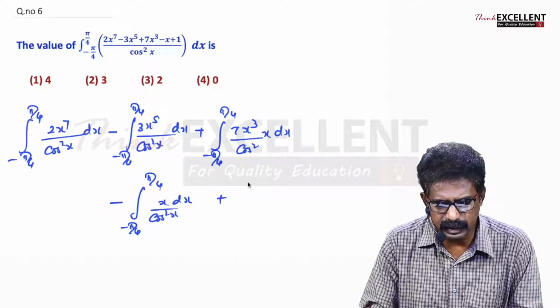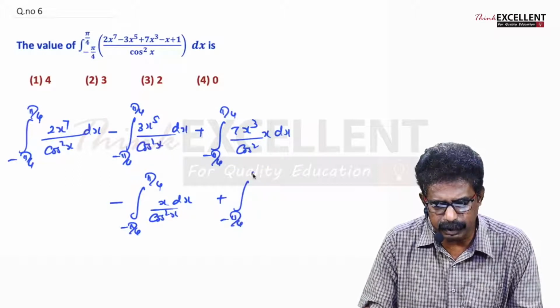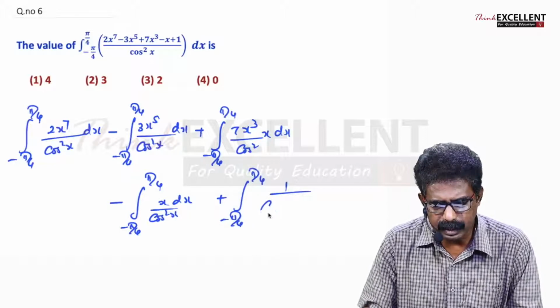And the last one is integral from minus pi by 4 to plus pi by 4 of 1 by cos square x dx.